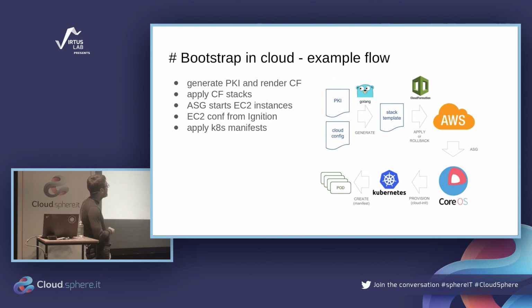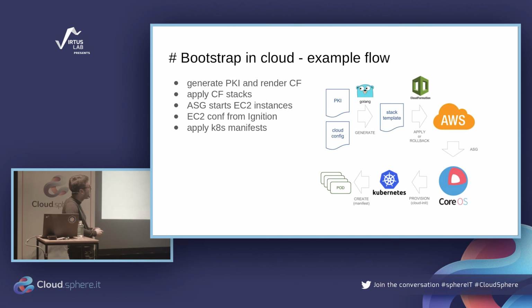This is an example in terms of AWS Cloud, how it might work. Just a high-level overview. We have PKI, which stands for Public Key Infrastructure, a set of TLS certificates used by various Kubernetes components. And below we have cloud config, which is nothing more than Ignition in our example.